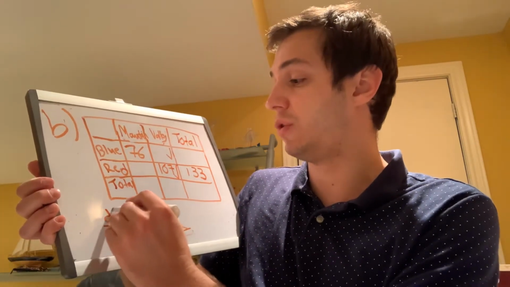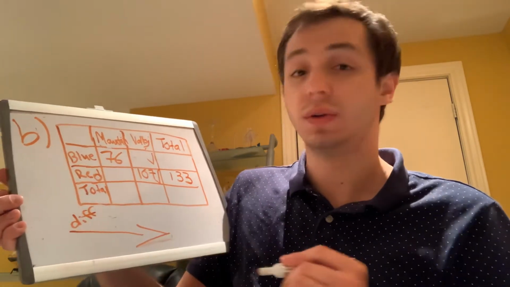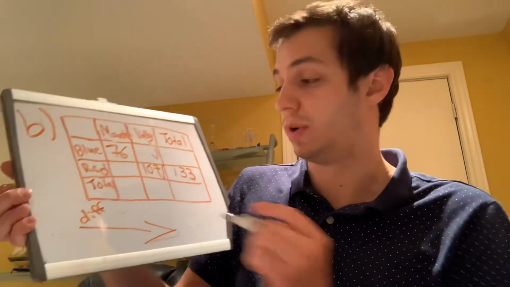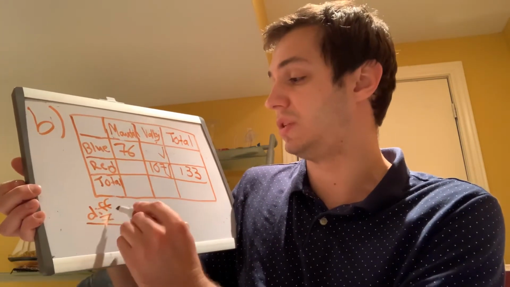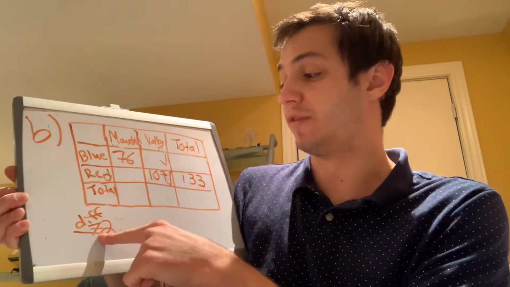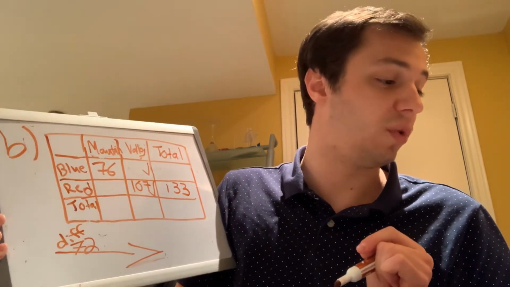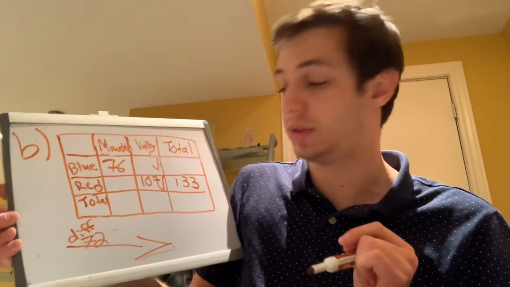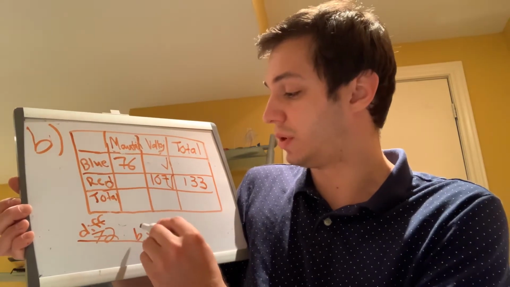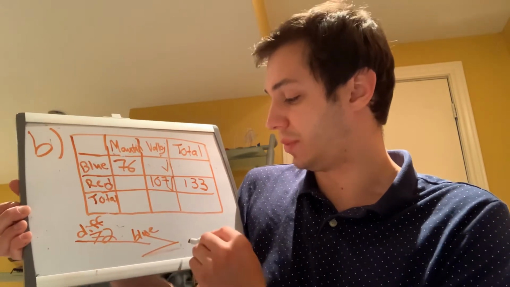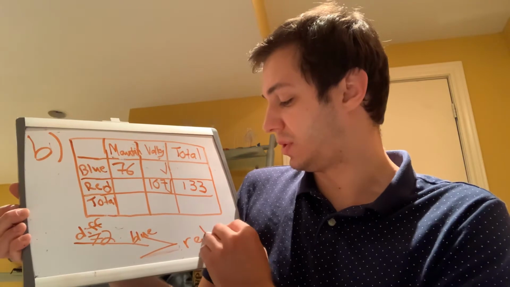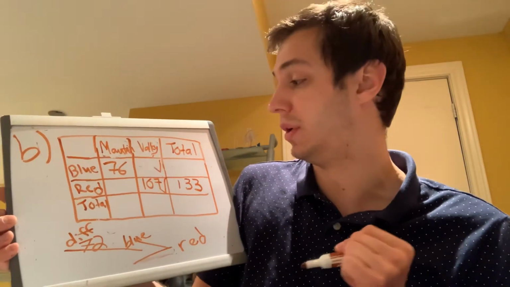So fewer is our keyword. The number right beside that keyword is 72, so 72 will be our difference number. We know that there were fewer bluebirds than redbirds, so bluebirds will be our small number, and redbirds will be our big number.